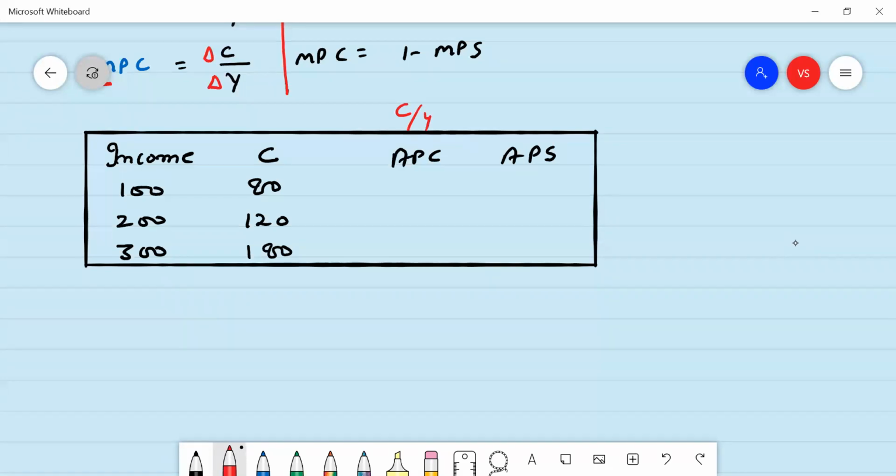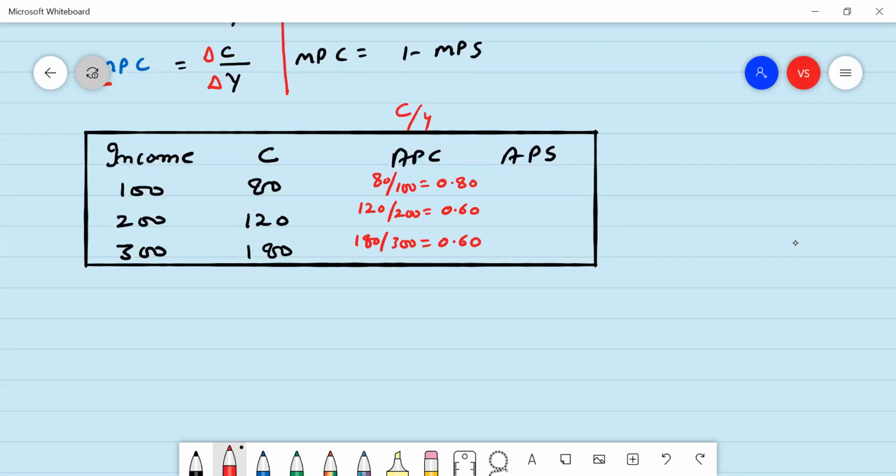So here C is given 80 divided by 100. So 80 upon 100, 0.80. Likewise 120 divided by 200 and it will be 0.60. Now again 180 upon 300, so it is 0.60.